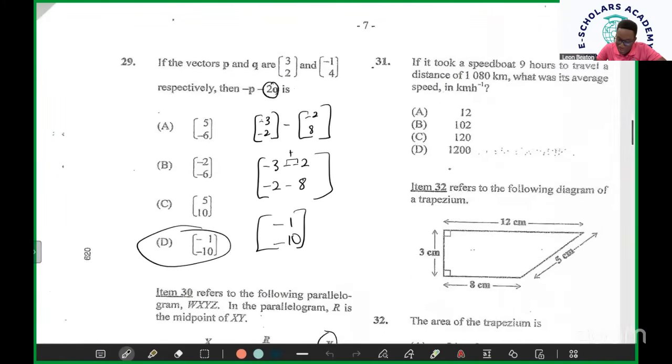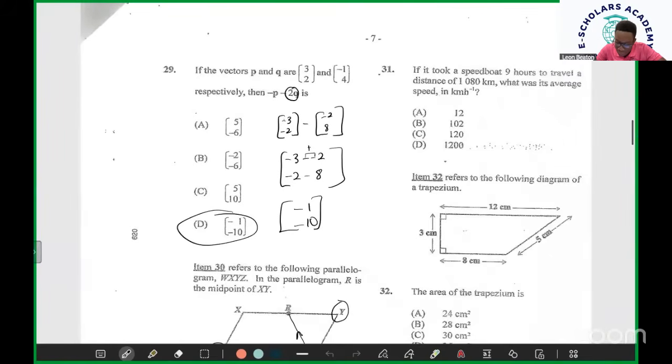All right, rally roll. If it took a speedboat 9 hours to travel a distance of 1,080 km, what was its average speed in km per hour? We just got 9 hours, so we just got to divide 1,080 by the 9.